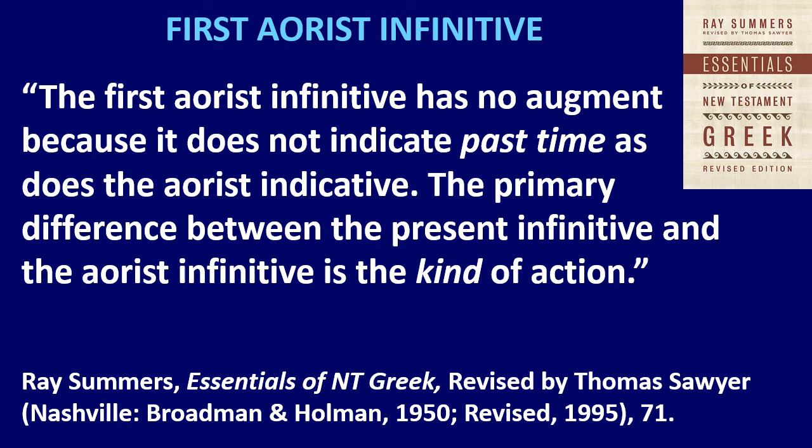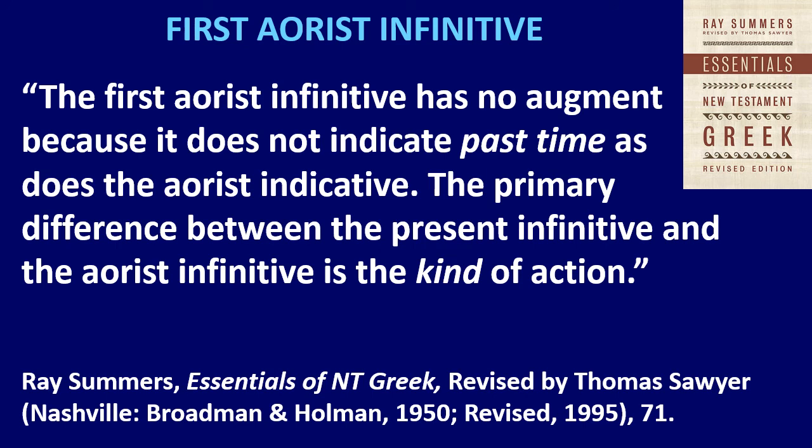Now, continuing with the quote from page 71 of your textbook, Ray Summers goes on to say, the primary difference between the present infinitive and the aorist infinitive is the kind of action. Now, I trust you can understand at this point in your studies, as we've looked at aspect versus action, Aktionsart, versus time, that statement in your textbook is technically not accurate. The aorist tense form does not indicate kind of action, but it indicates aspect.